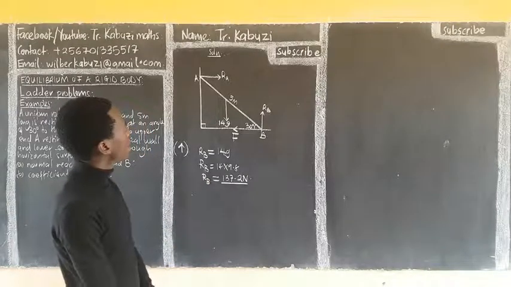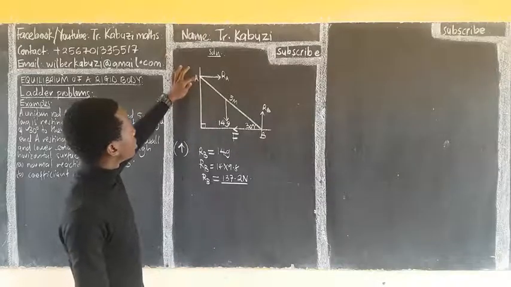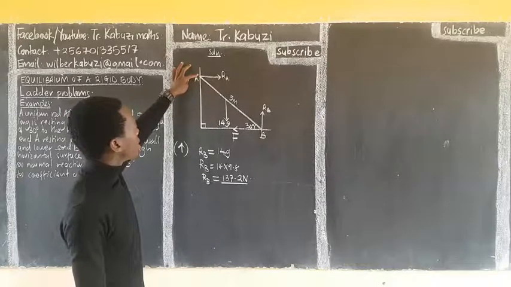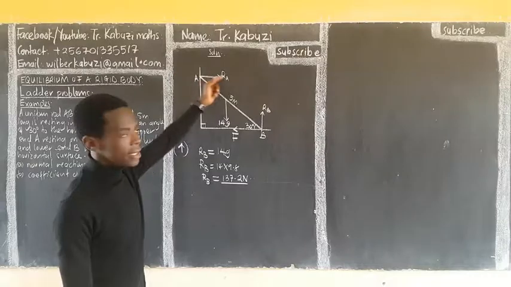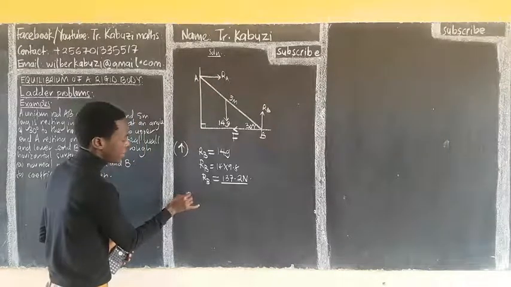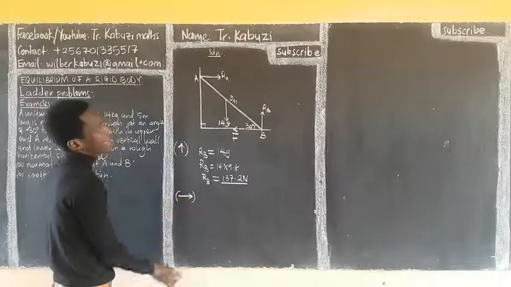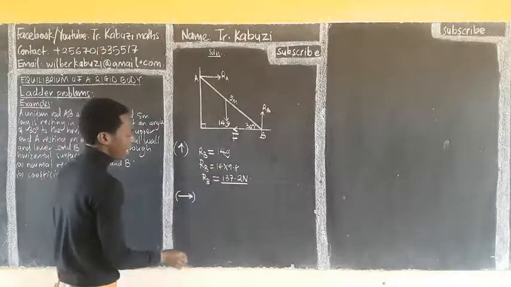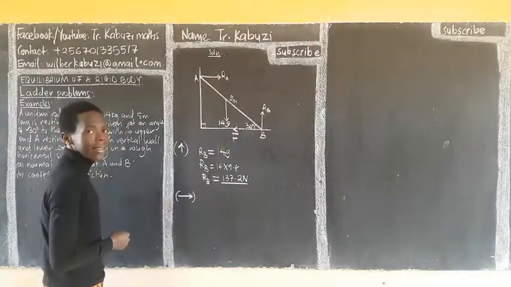Now, we come to the forces here. Now we are going to resolve these horizontally. You see this one is going this side, and this one is coming to this side.